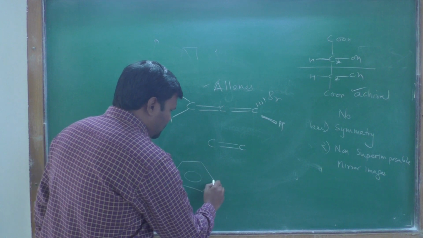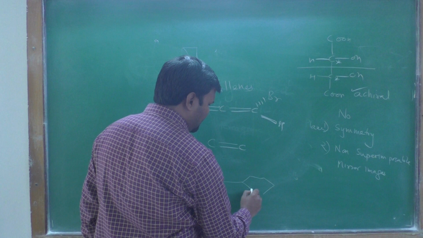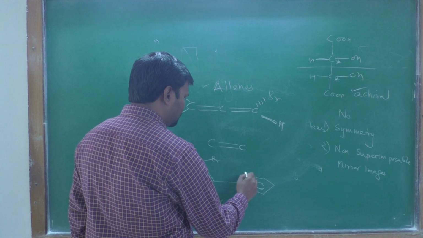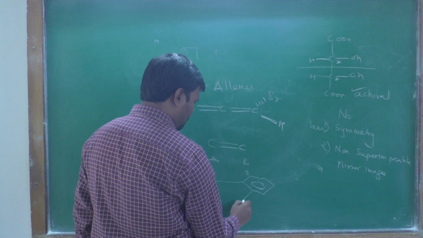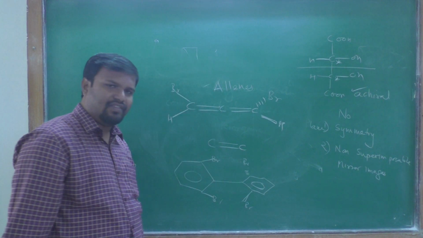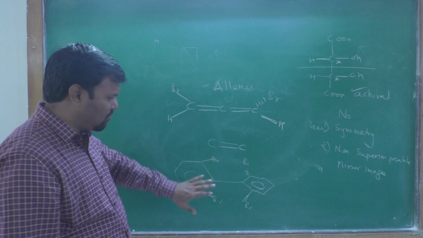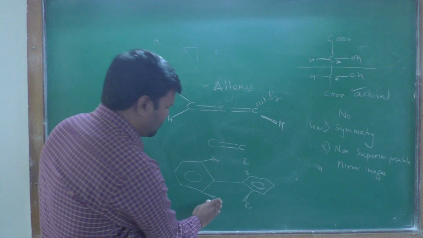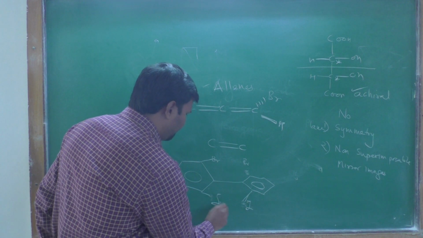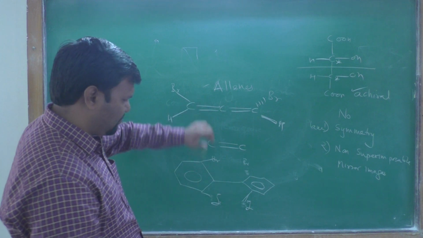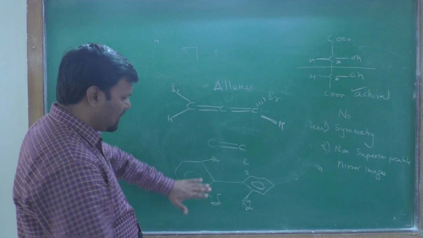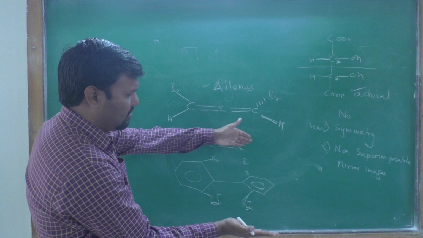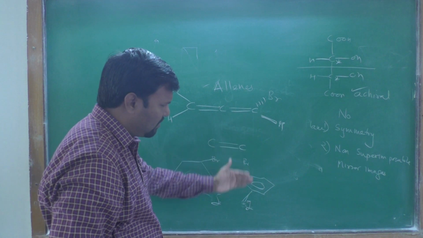This biphenyl ring also shows chirality. In this molecule, one phenyl ring is planar, and the other ring is perpendicular to it.